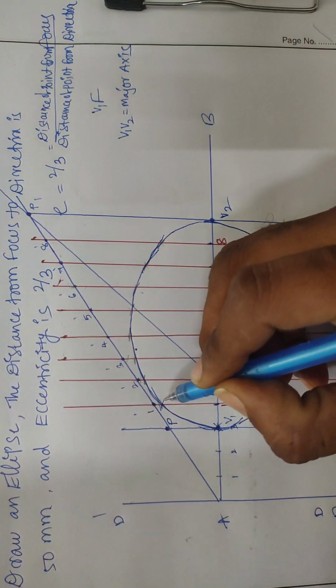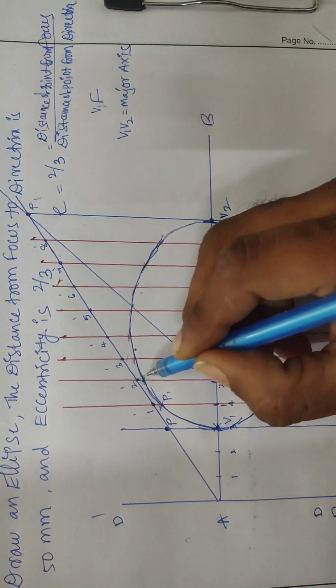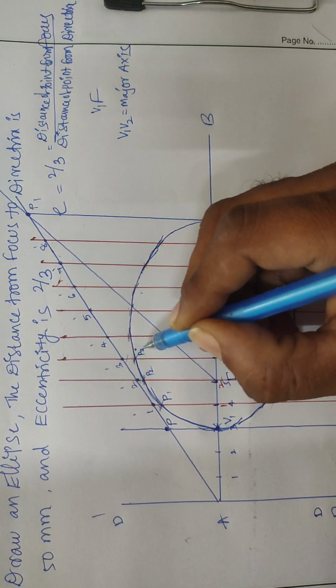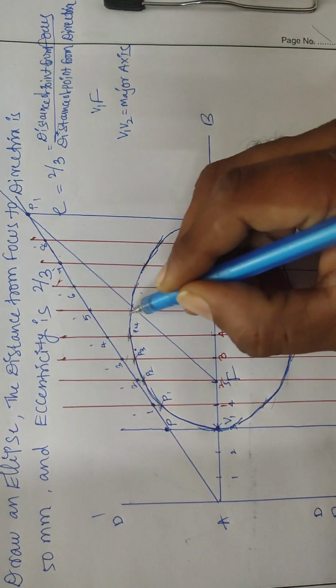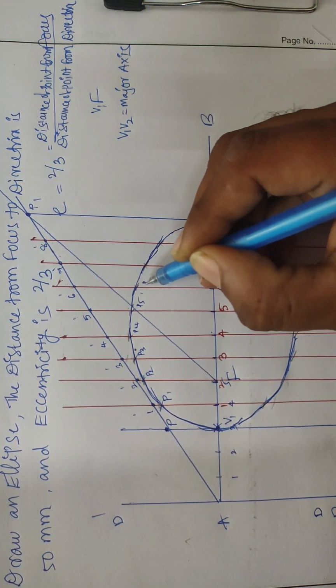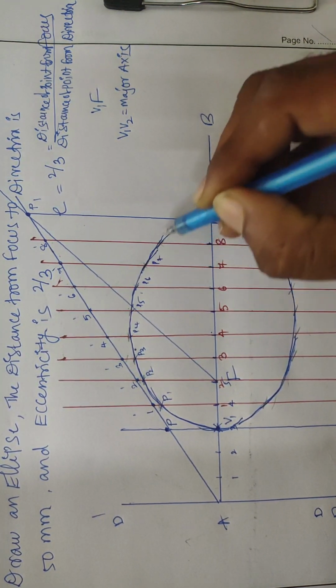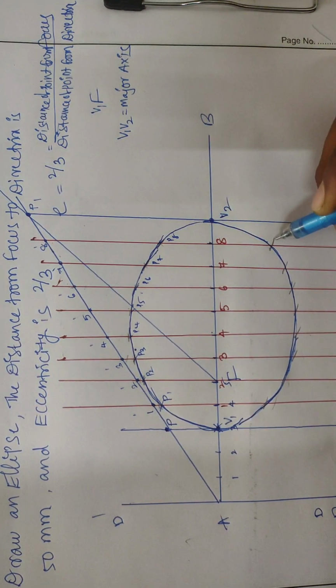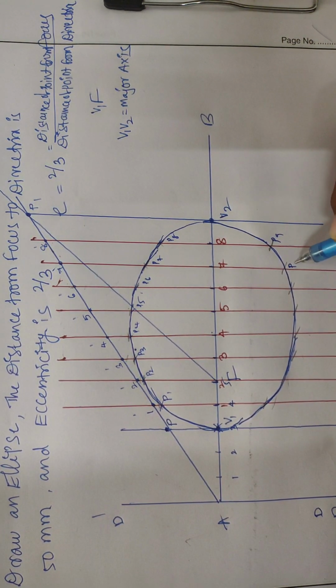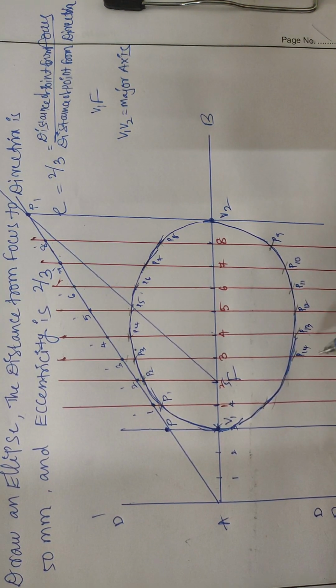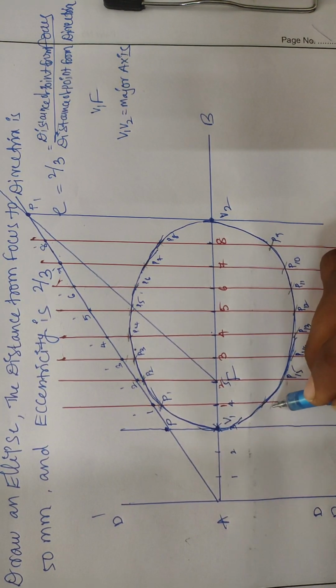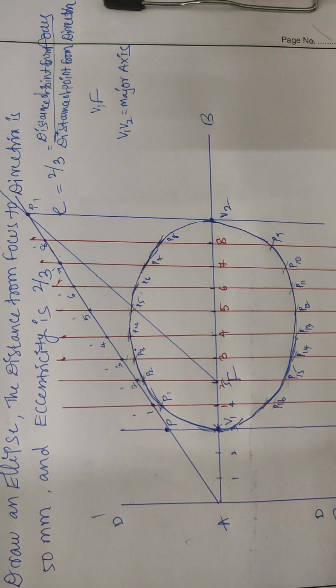Here this is P1, P2, P3, P4, P5, P6, P7, P8, P9, P10. Like this, locate the points on the ellipse curve itself.